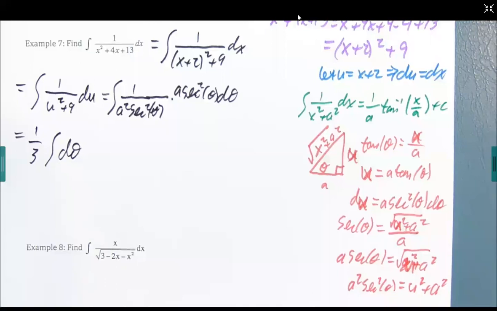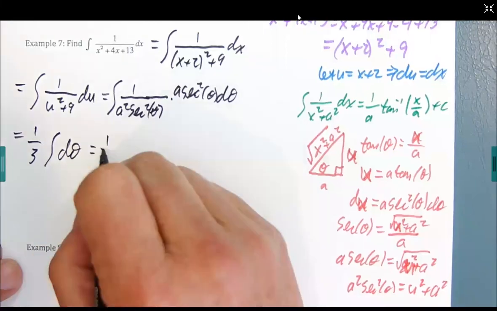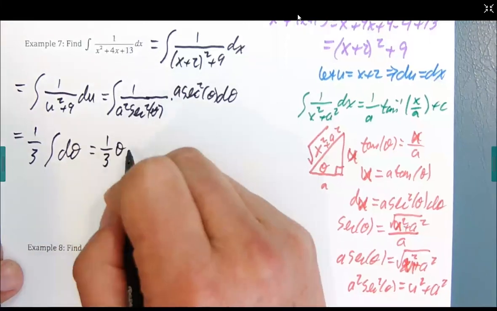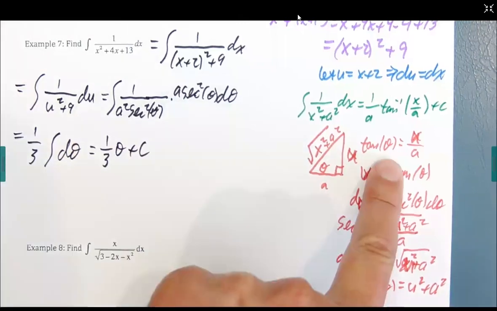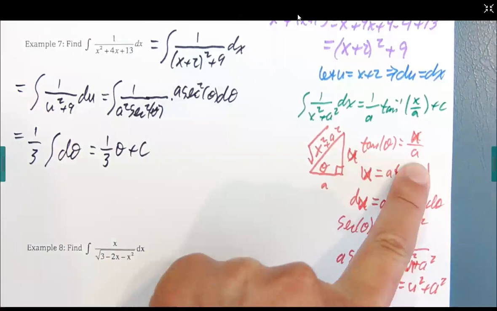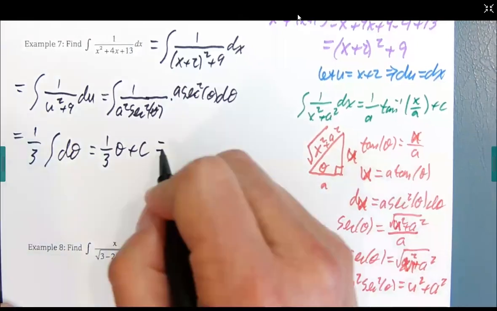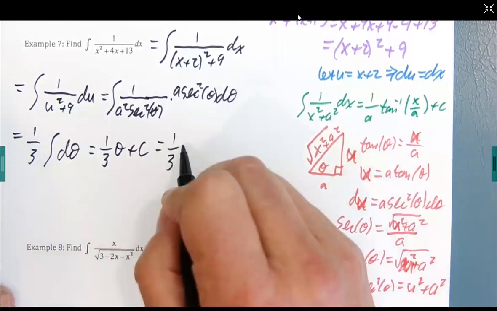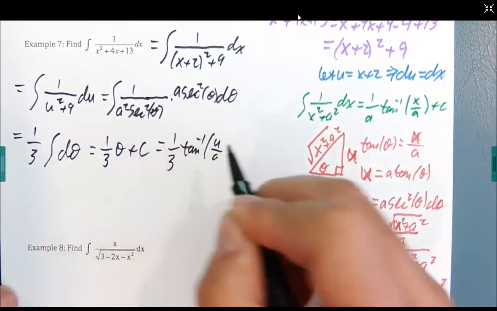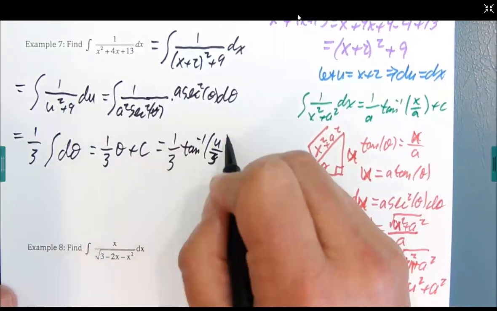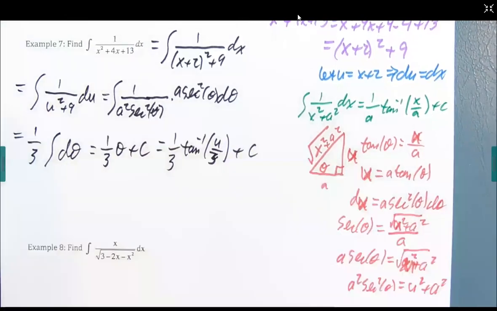All right, so we end up with 1/3 theta plus c. Now, I'm going to go back to here and say that theta is inverse tangent of u over a, which is 3 in this case. And u, once again, is the x plus 2.